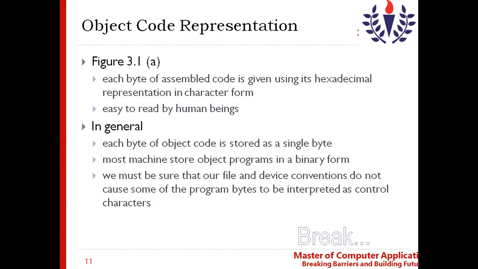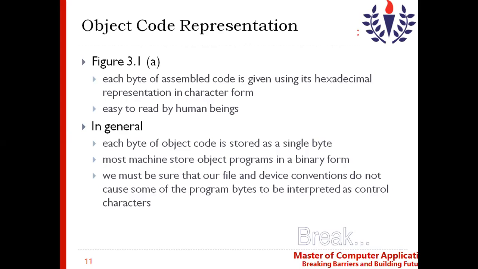When you have the object code representation, normally the object code will be in the binary format. For our convenience, we always refer to the object code in the hexadecimal format, because in general, it is for human readability. You may remember when I was referring to the object code, let us say an example B10 1036.